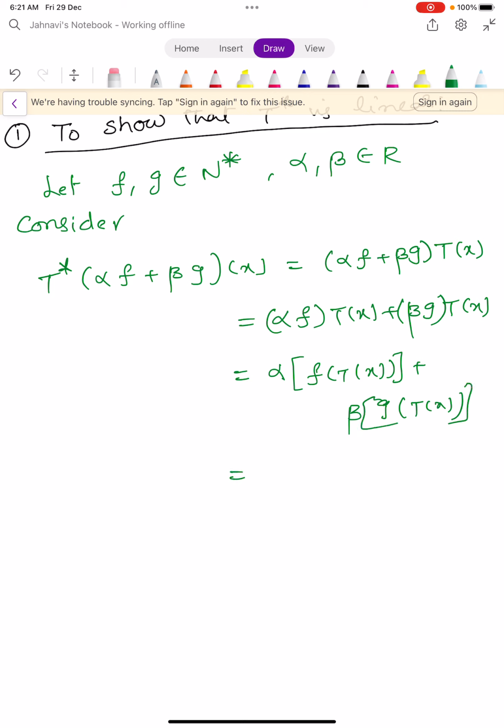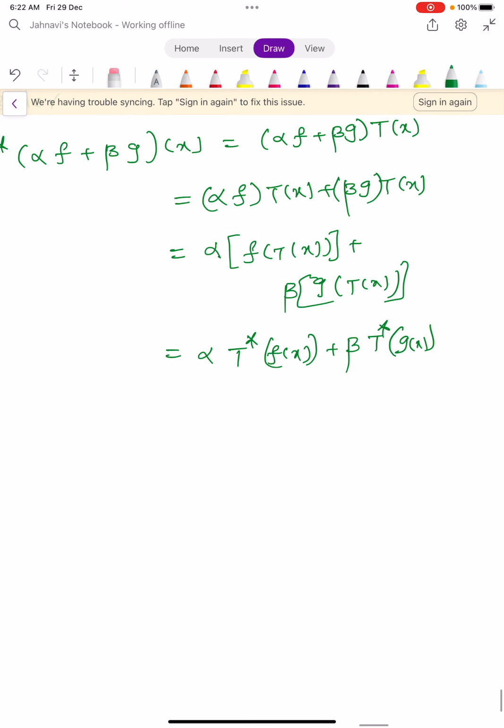Again it can be written as alpha T star of f of x plus beta T star of g of x. So that is what we prove.